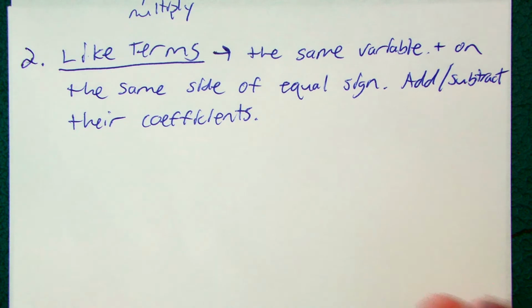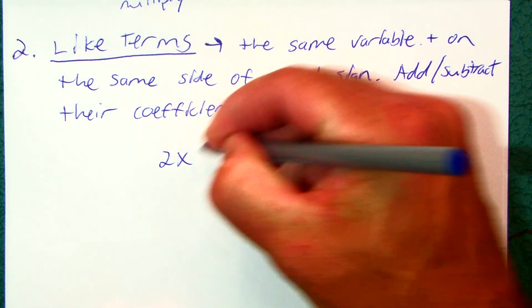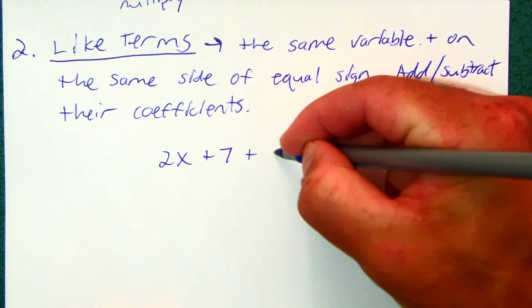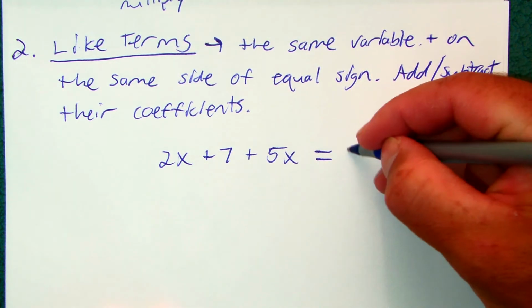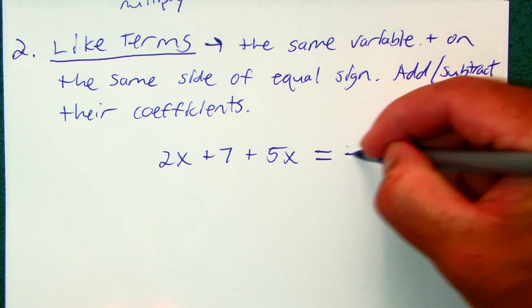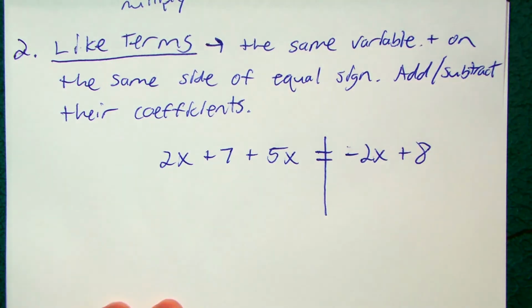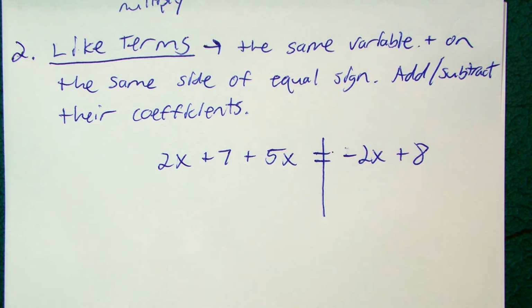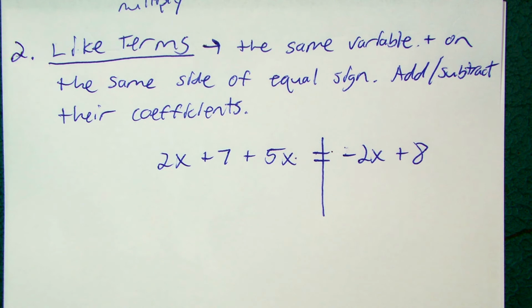So where I'm going with that is you get something like this: 2x plus 7 plus 5x equals, how about negative 2x plus 8. I've been telling you guys, put a line through the equal sign so we know that this is the left side of my equal sign, and this is the right side. Our goal is to get it down to just x and a constant on both sides.